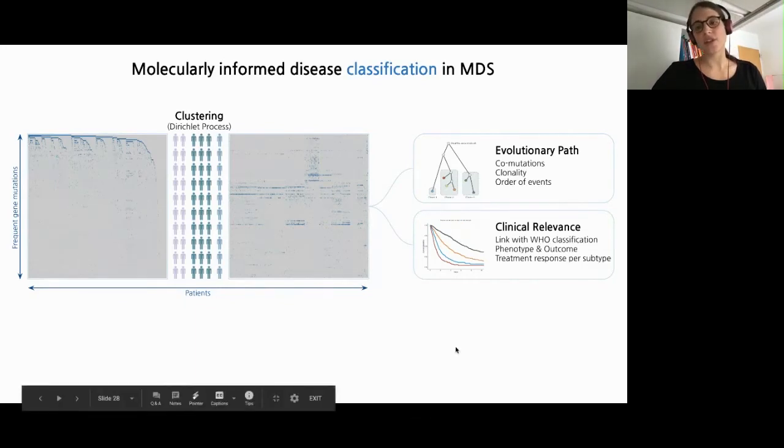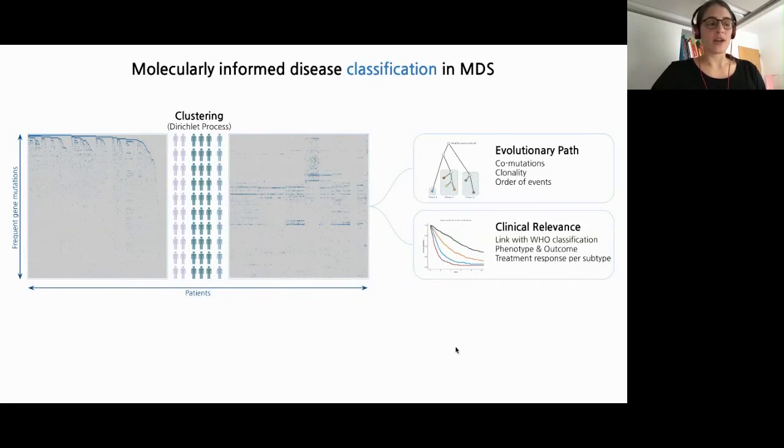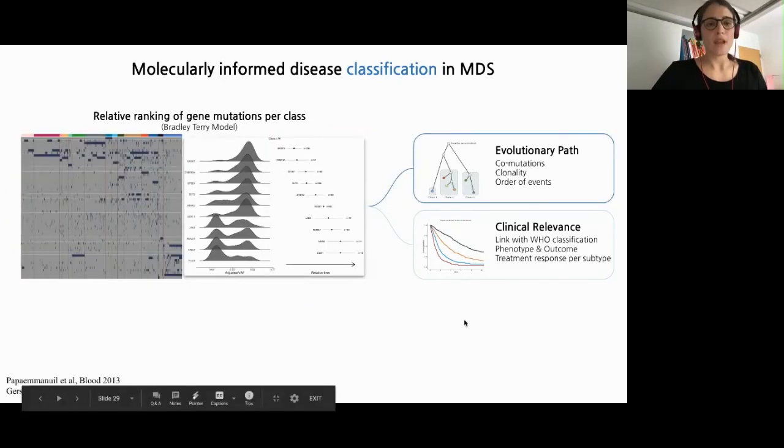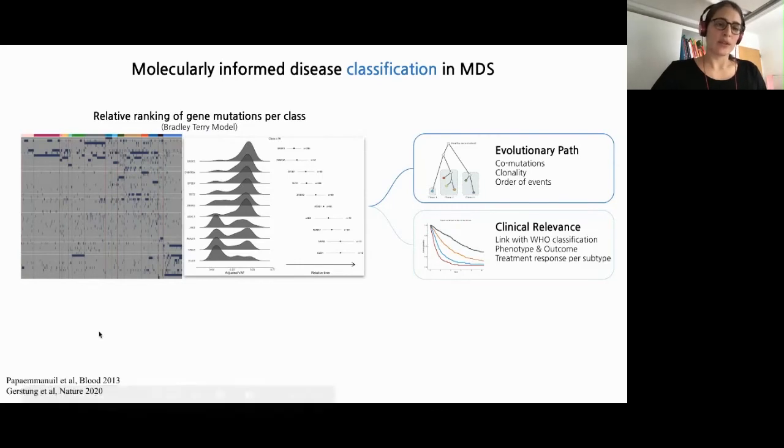And we're also questioning the clinical relevance of those classes. How do they align with established disease subtypes, which are defined by morphology criteria mainly? What are the clinical phenotypes across those different subtypes, as well as the different outcomes and treatment response across those molecularly defined entities?